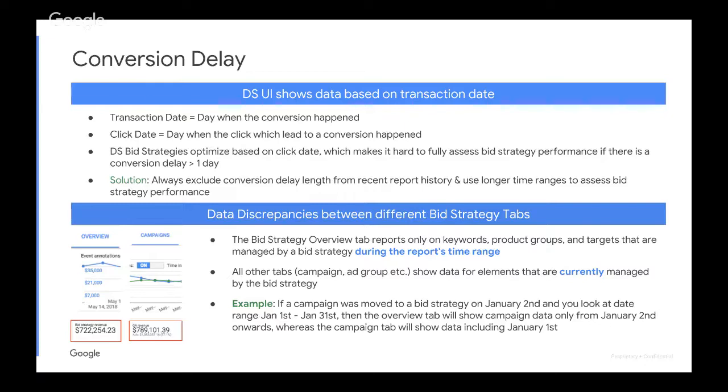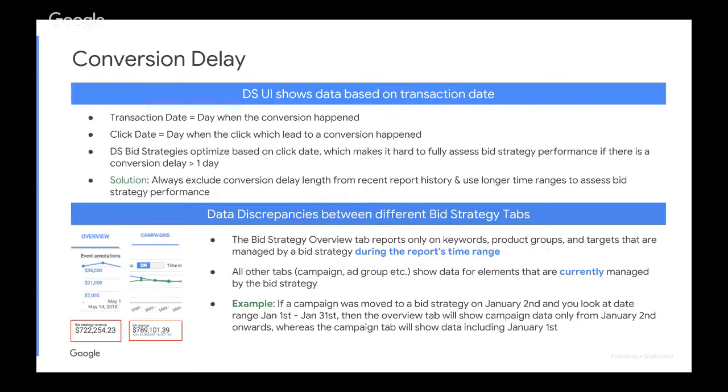In terms of data discrepancies, usually we get asked by customers, why don't the overview tab and campaigns tab match? This is one thing to keep a note of as well. In the campaigns tab, you will see all the data that you have for a particular set of campaigns. However, in the overview tab, you will only see the data that the bid strategy has managed before.